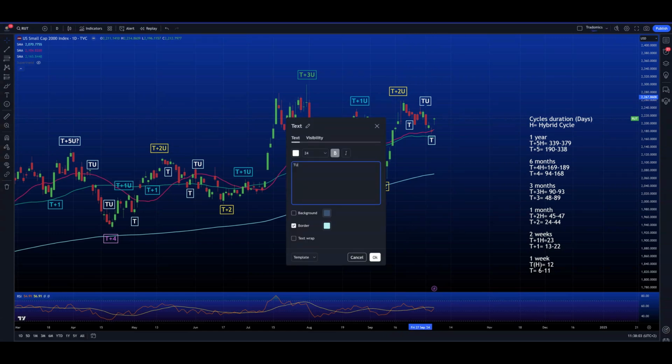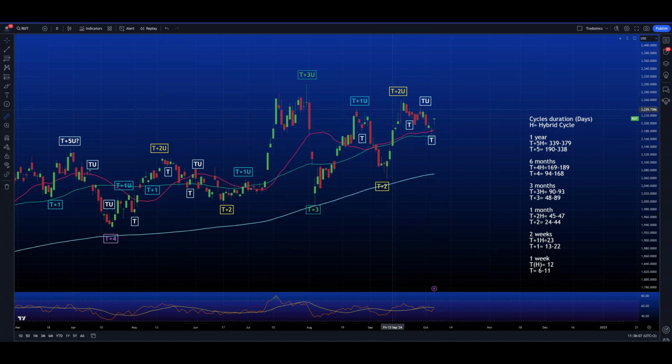Okay, so given that from this top we add 5 days, what we can expect is to have for the beginning of next week more push to the upside to close this weekly upward cycle, because we had just 5 bars, and to close this T+1 upward cycle.